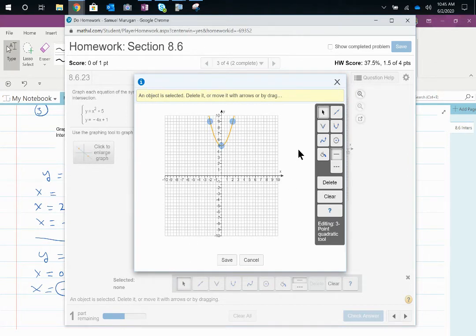Yep, I think that's close enough. I hope I drew that 2 and -9. 1, 2, 3, 4, and then 1, 2, 3, 4. Okay, we'll take it as that.